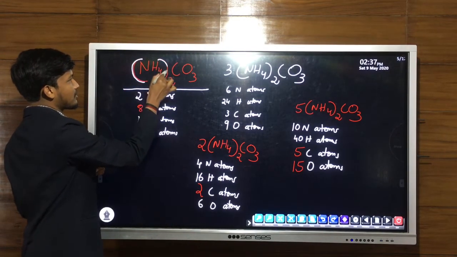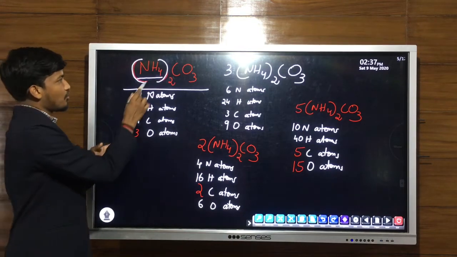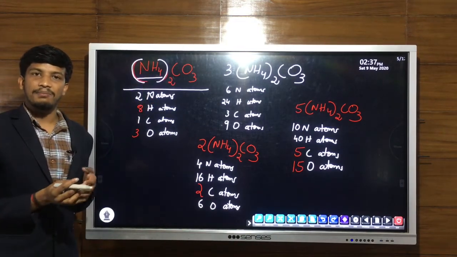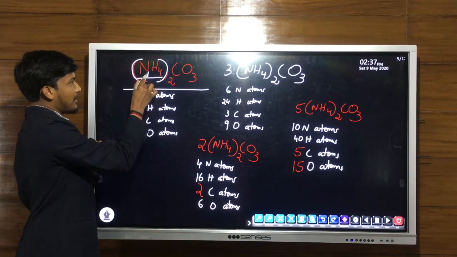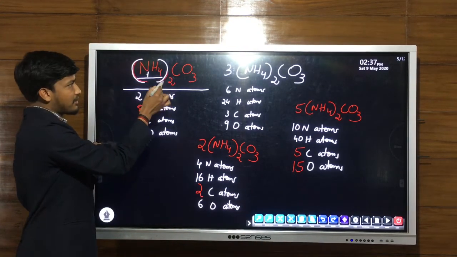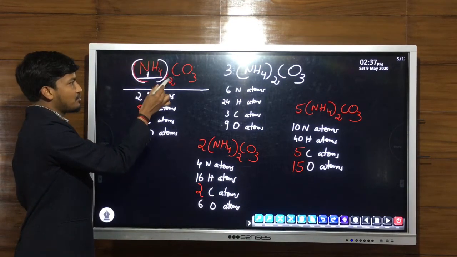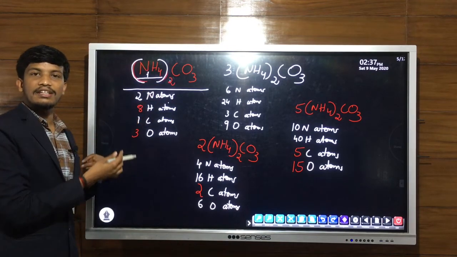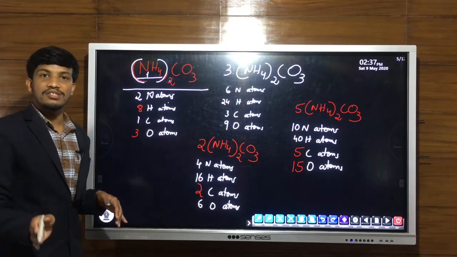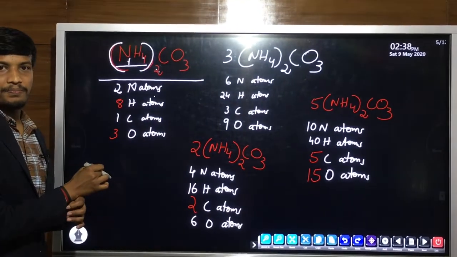If the atoms are in the brackets, we have to multiply the number of atoms by the outside number. Outside the bracket there is 2. Therefore the number of nitrogen atoms is 1 into 2, 2 nitrogen atoms. Hydrogen is also in the brackets, so the number of hydrogen atoms will be 4 into 2, 8 hydrogen atoms.